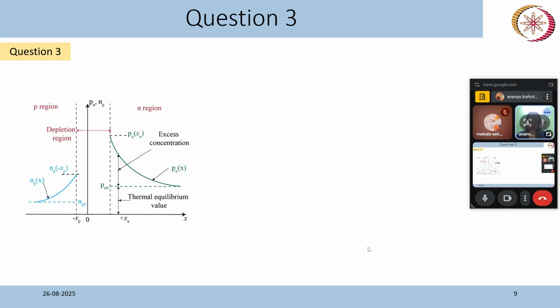For the next question also we have the same graph. The question is, excess n and p. Yeah, the vertical axis is the concentration, and this horizontal axis is the x-axis.